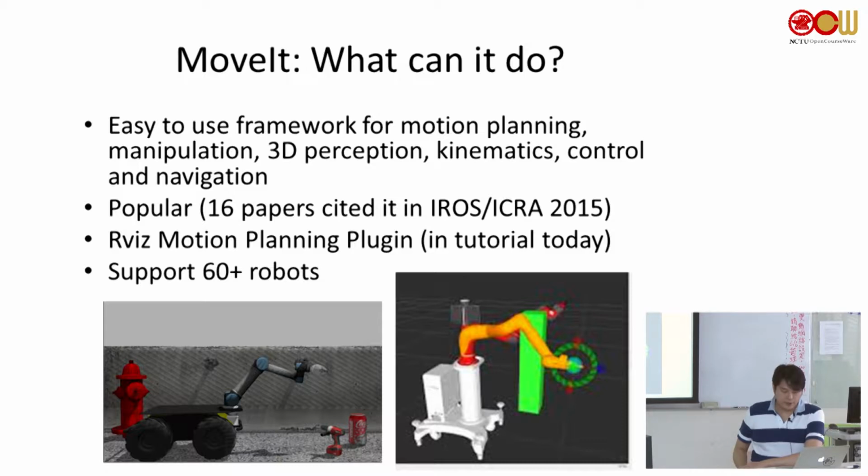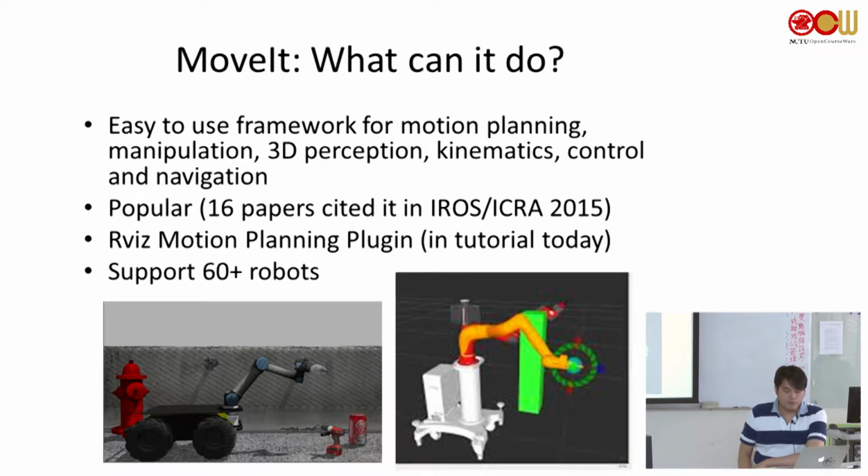It's quite popular. In 2015, there were 16 papers in total citing MoveIt in the IROS and ICRA conferences. Today we will also cover this in our tutorial with the RViz motion planning plugin, so we will just play with it and see how it works.